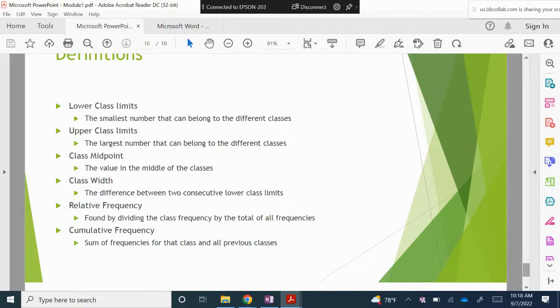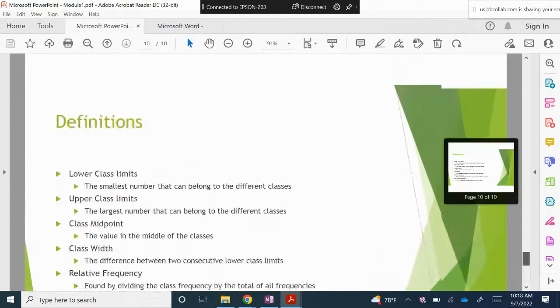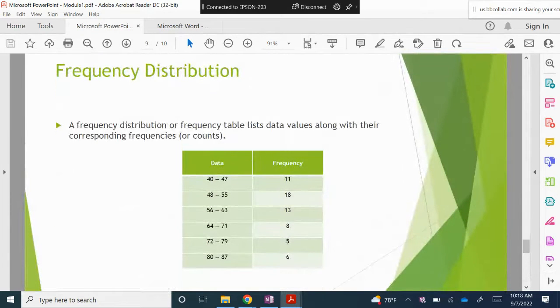All right, so we have lower class limits, the smallest number that belongs to the different classes. Going back to this example, the lower class limits would be 40.